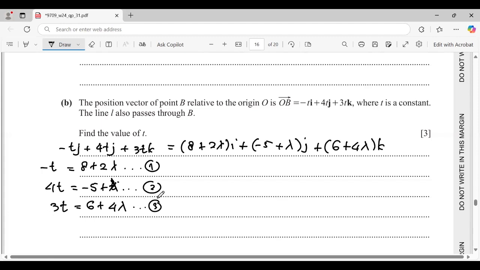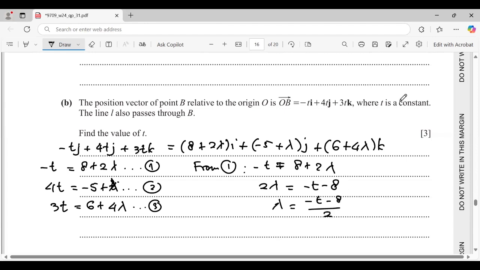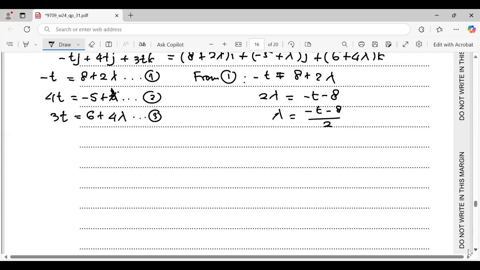Okay, let's continue. Now, from the first equation, minus t equals 8 plus 2 lambda. So it means 2 lambda equals minus t minus 8, or lambda equals minus t minus 8 over 2.